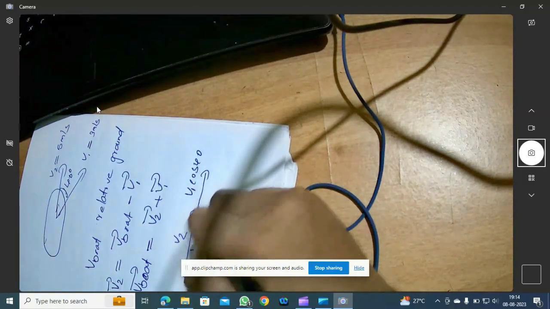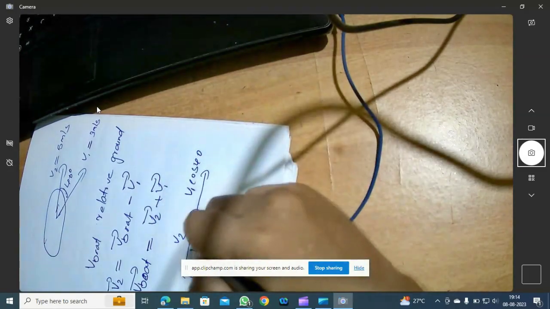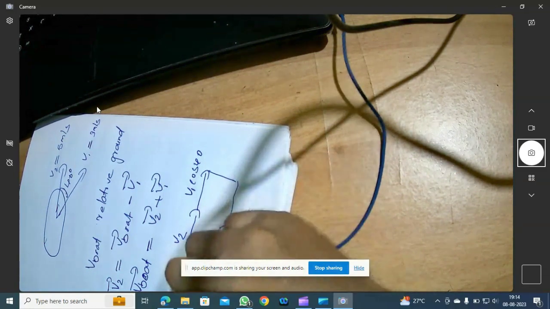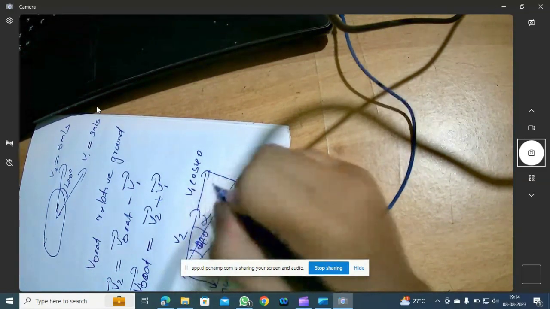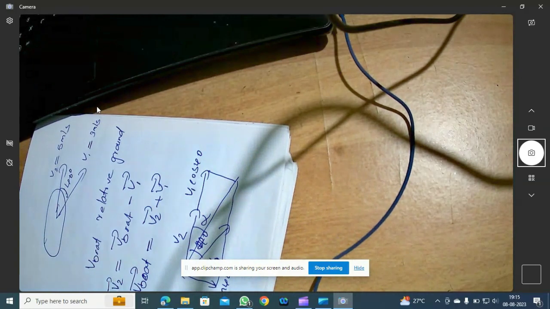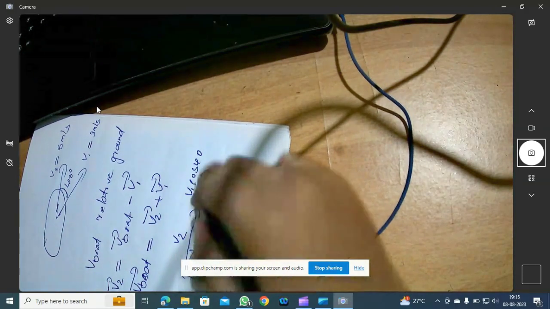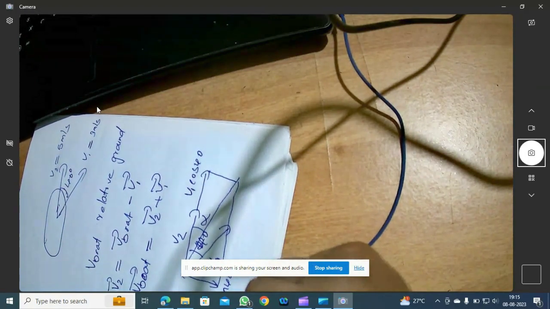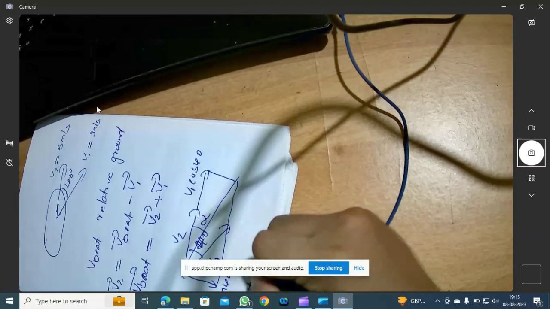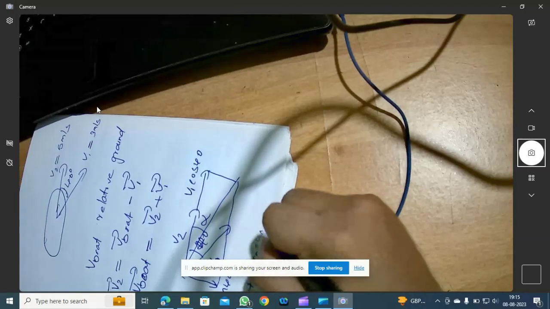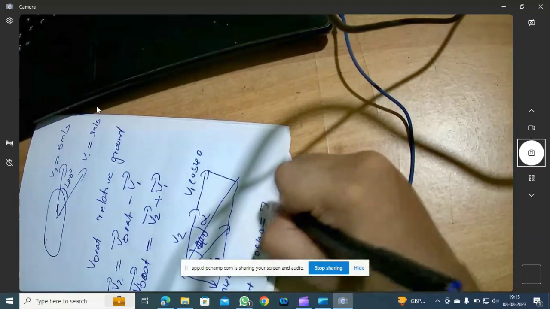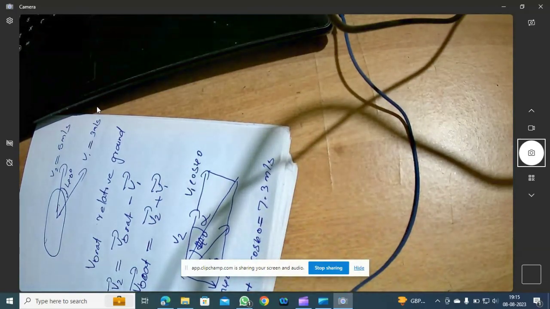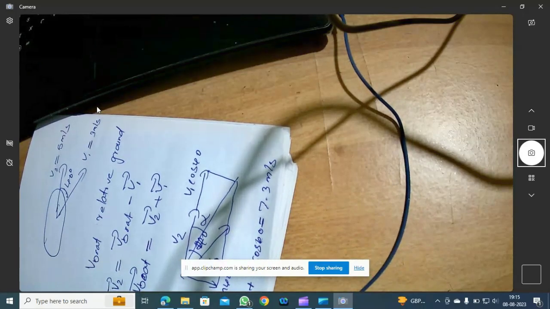This angle we don't know, let it be alpha. This angle we know is 40 degree. So V2 plus V1 cos 40: V2 is 5 plus V1 cos 40, which is 3 into cos 40, that will come out as 7.3 meter per second. Then V1 sin 40 will come out as 1.93.